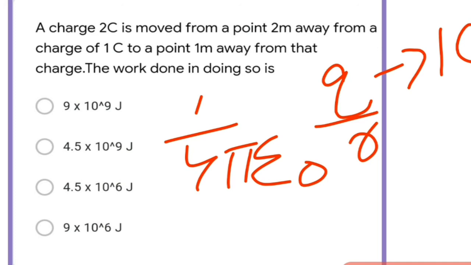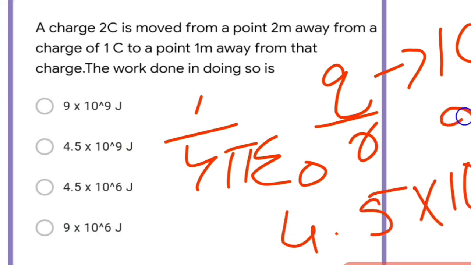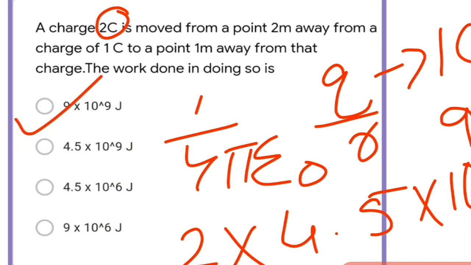So that potential difference is what? 9 minus 4.5. Potential difference you will get as 4.5 into 10 raised to 9. Got it? Then what is the charge to be moved? Charge to be moved is 2 coulomb. So work done is what? Charge into potential difference, that is 2 into 4.5 into 10 raised to 9. So our answer is 9 into 10 raised to 9 joules.